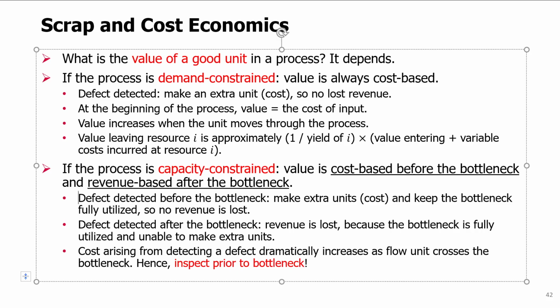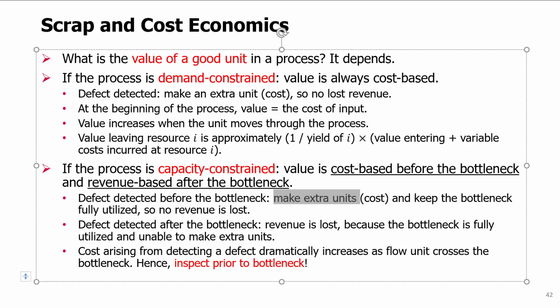Because if you detect the defect before the bottleneck, then you haven't wasted the bottleneck's time yet. Assuming the yield is not too small, all you need to do is make extra units. Before the bottleneck, you have extra, unused capacity, because these are not the bottleneck steps. So you can just make extra units.